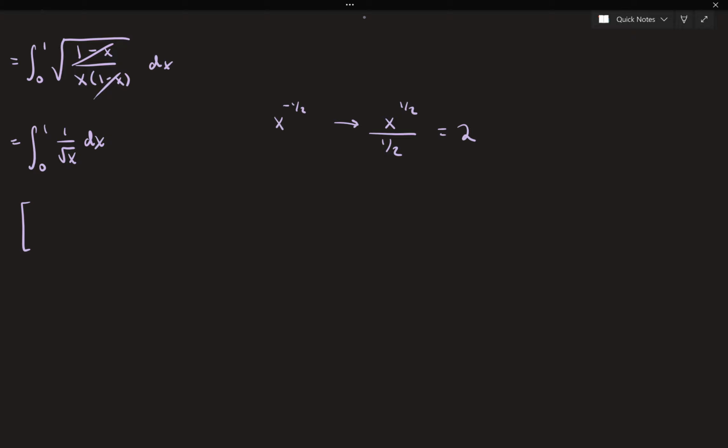So dividing by a half is the same as multiplying by 2. I've got root x. So that's my antiderivative. 2 root x from 0 to 1. And I've got 2 root 1 minus 2 root 0, which is 0. And that's my final answer. Hopefully that helped.